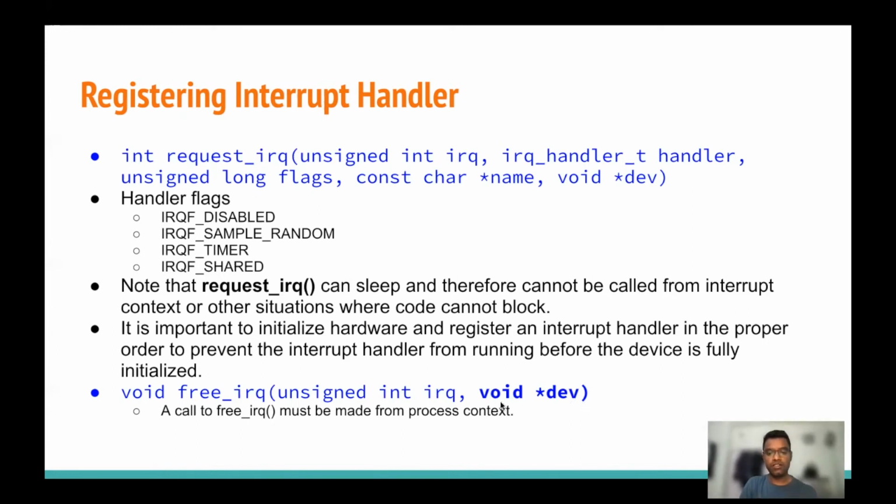This device variable is important because it helps the kernel remove the required interrupt from the particular line. If a line is shared by multiple devices, in that case this device pointer helps to correctly remove the interrupt from a particular device.